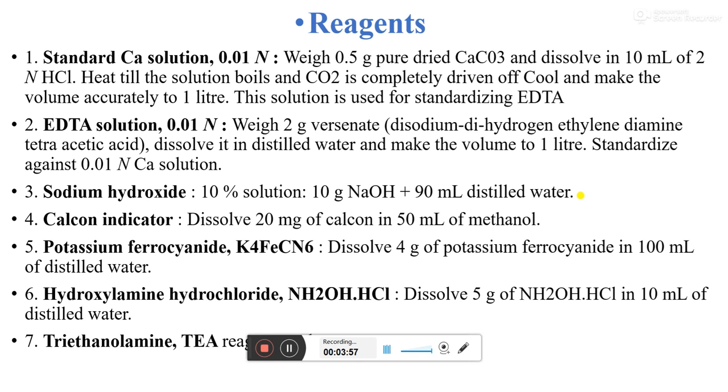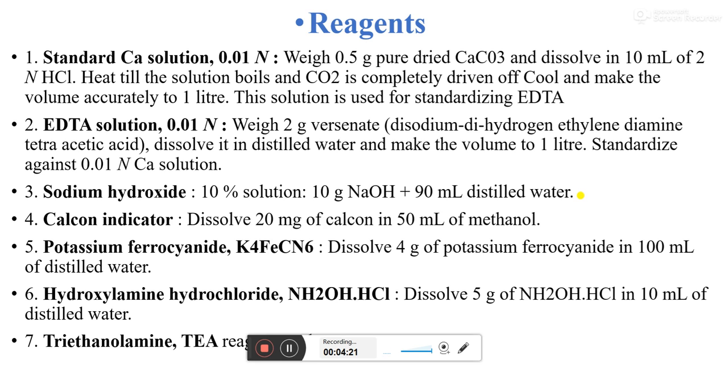The third one is sodium hydroxide, required as a 10% solution. Percentage is always calculated compared to 100, so for preparation, take 10 gram NaOH in 90 ml of distilled water. This makes your 10% solution.